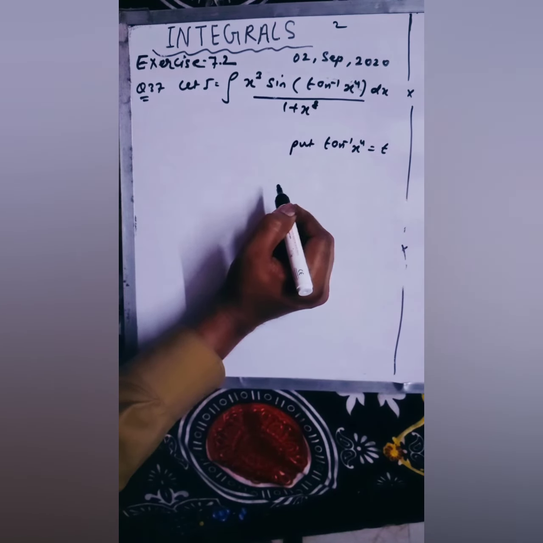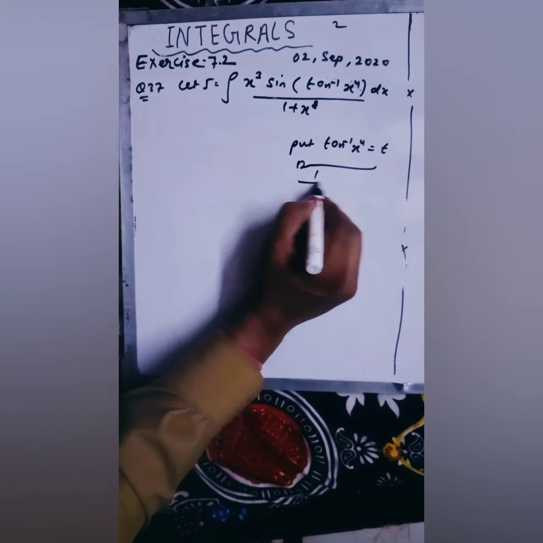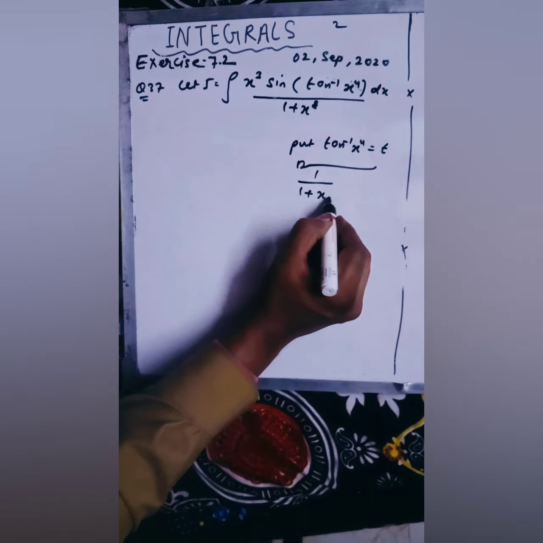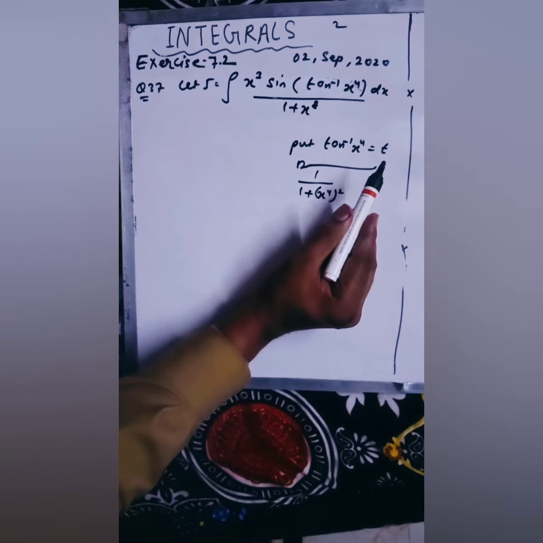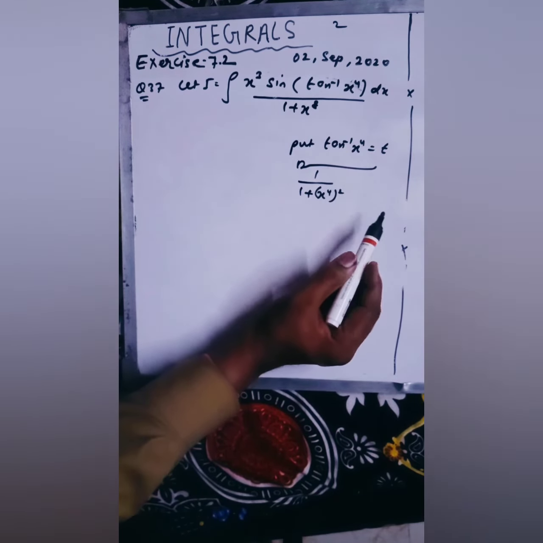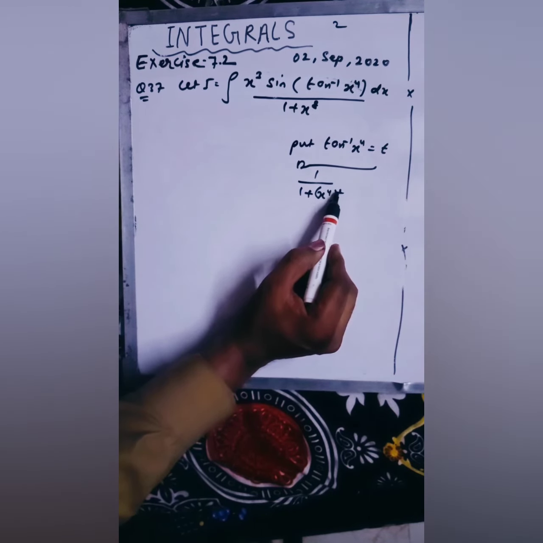Okay, now when you differentiate this with respect to x on both sides, you will get 1 over 1 plus (x raised to power 4) whole square, because the derivative of tan inverse x is 1 upon 1 plus x square. So your x is x raised to power 4, and you have to do the square of this.